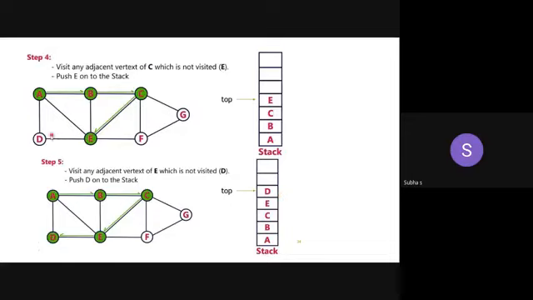D, A, B, C and F. All these nodes are adjacent to E, but already A and B are visited. C also visited. From E, either you can go to D or you can use F. Here I have marked D as visited.